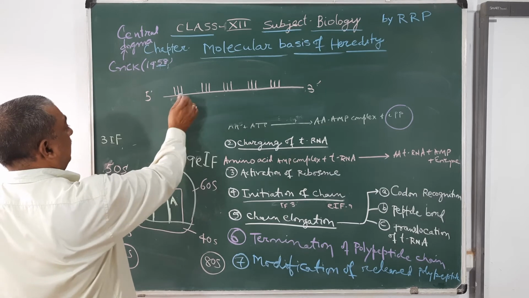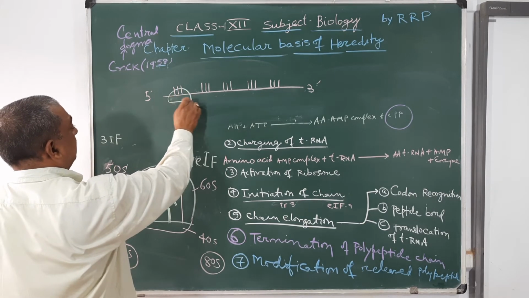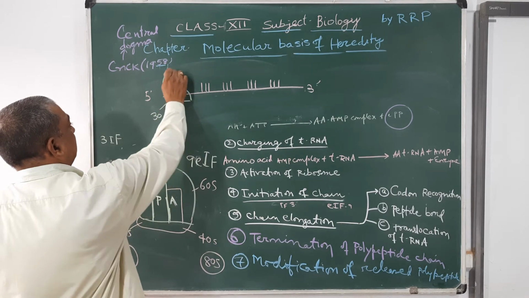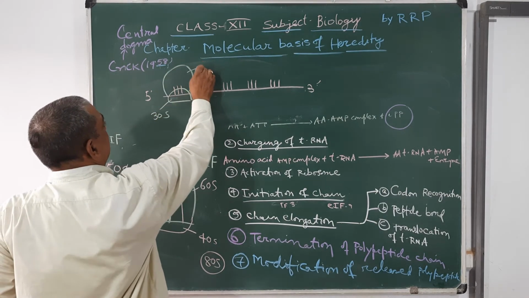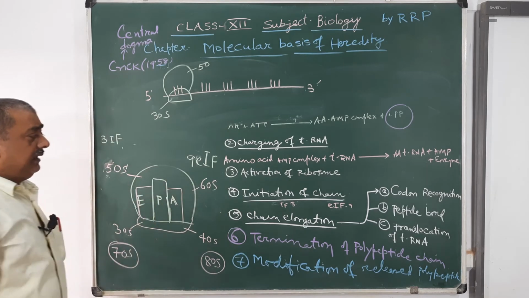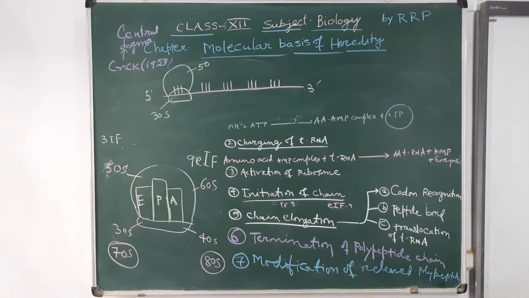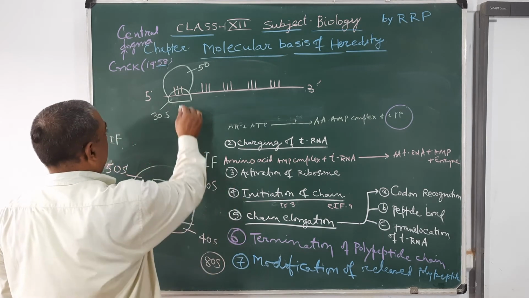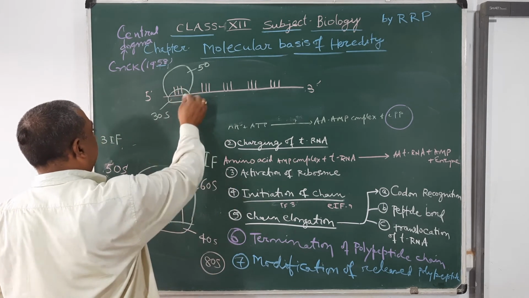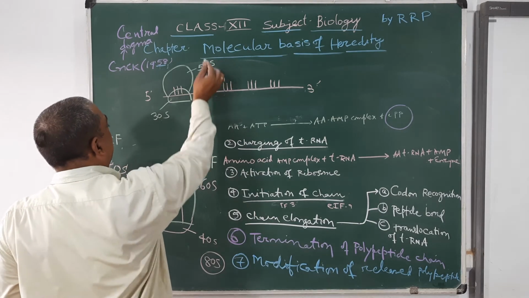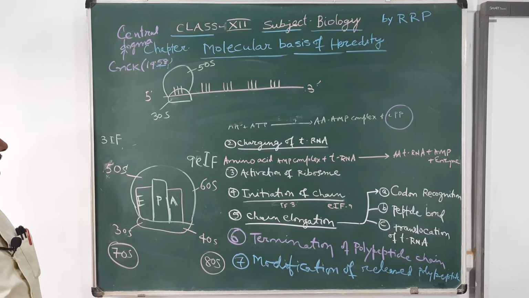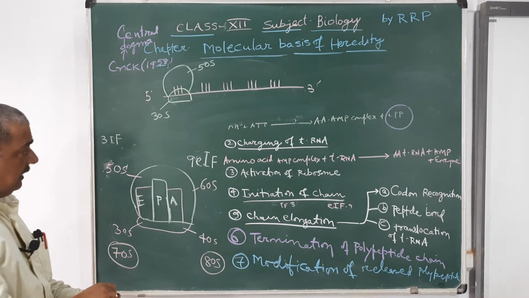If it is joined with the smaller subunit 30S and associated with 50S, they are called active functional ribosomes. Functional ribosomes are 30S and 50S in prokaryotes, but in eukaryotes they are 40S and 60S. This is initiated in the presence of magnesium ions.